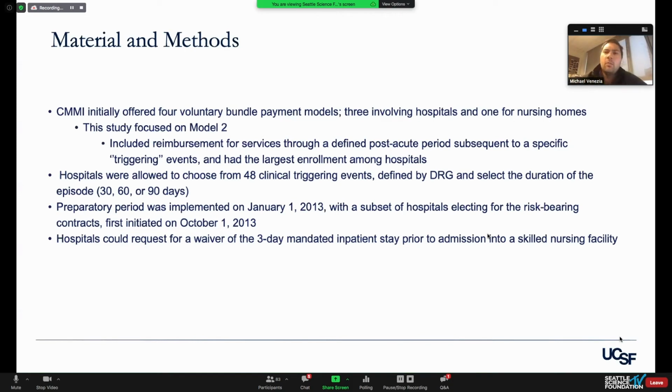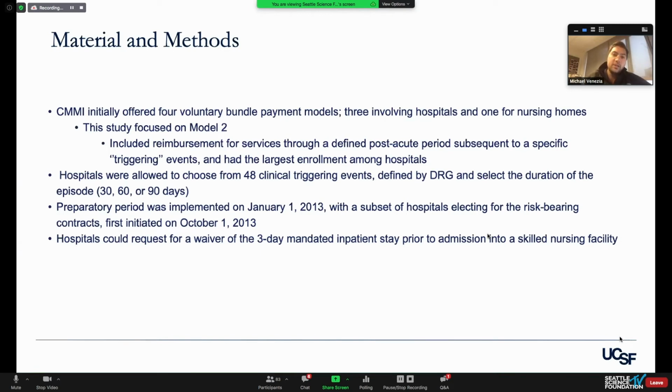There was one for nursing homes as well. Model 2 included reimbursements through a defined post-acute period, which was selected by the hospital themselves, subsequent to a specific triggering event, which would be the equivalent of a DRG. And this had the largest enrollment.